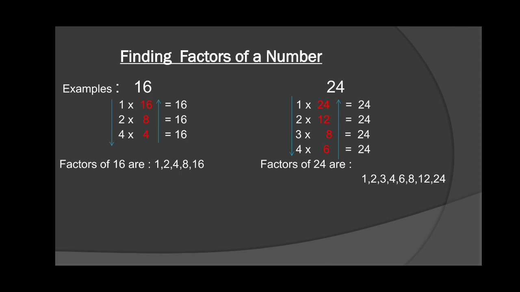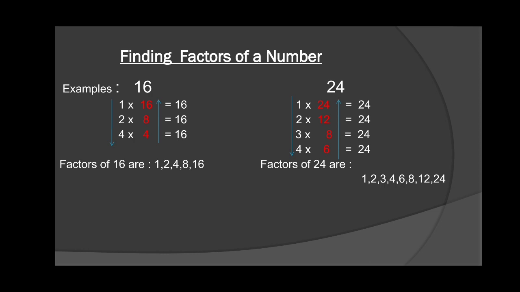As we said, we have to follow the sequential order. So 1 multiplied by 16 gives 16, and in the same manner the next number after 1 is 2. Here also if we multiply 2 by 8 we get 16, that means 2 8s are 16.